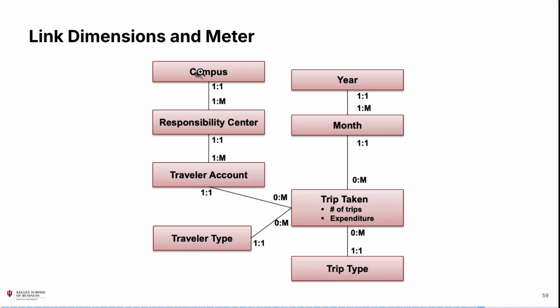Remember that we said campus will have multiple responsibility centers, and each center will have multiple traveler accounts. So we connect the trip taken to the organizational structure using a one-to-many relationship. We also connect to the traveler type and trip type, and these are the individual level dimension tables. So this is our initial dimensional model.